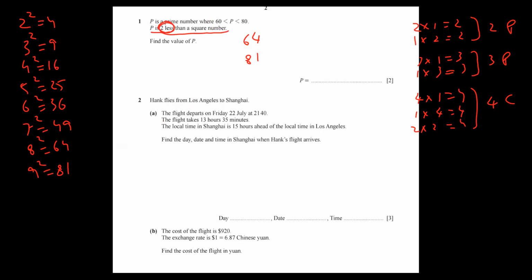So if I subtract 2 from 64, I get 62, and from 81, if I subtract 2, I get 79. Naturally, 62 is not a prime number, impossible. So it flops. 79 is a prime number because it's divisible by 1 and itself only. So this is our answer.